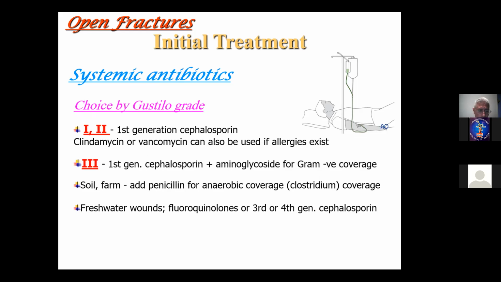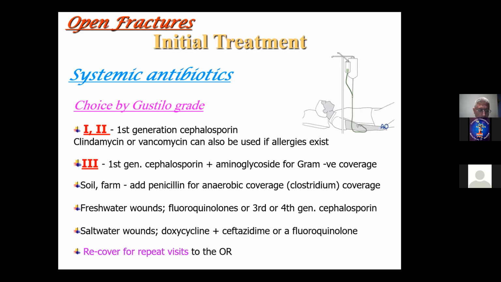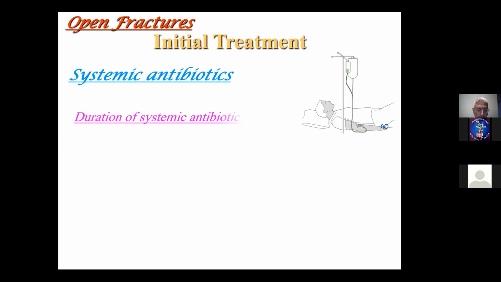For freshwater wounds, we use fluoroquinolones or third and fourth generation cephalosporin. For saltwater wounds, we use doxycycline in addition to fluoroquinolones or ceftazidime. And if we are going to do a repeated debridement or second look, we need to cover the antibiotics for the visits to the OR.